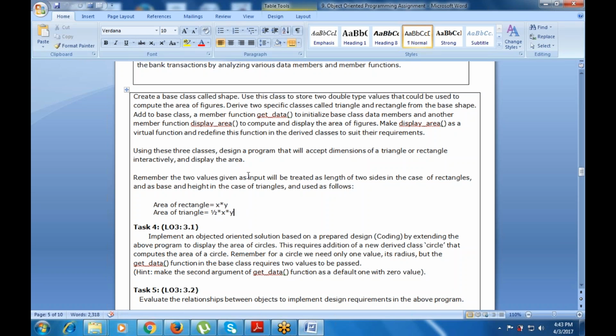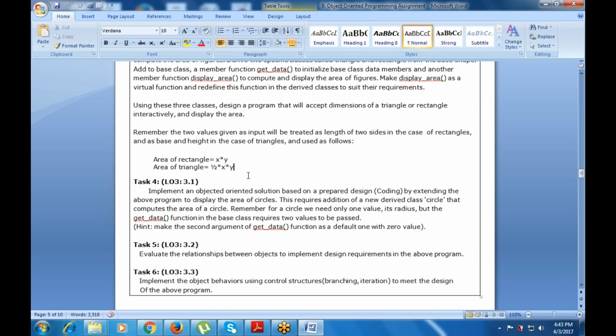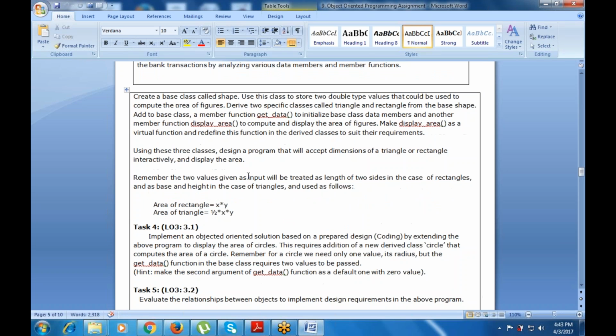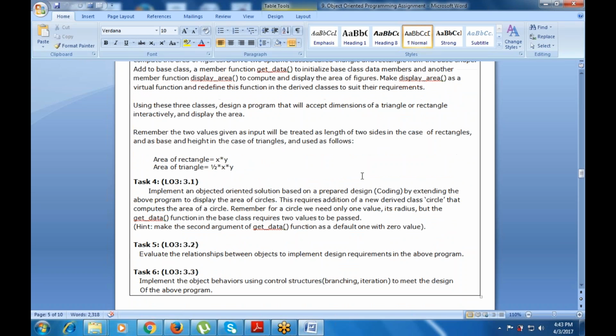In this you have created some objects, right? So what is the relationship between those objects to implement the design requirement? These are the functions. Get data is a function, display area is a function. So what is the relationship between the objects? The main thing is that for creating the functions, you have to create the objects.